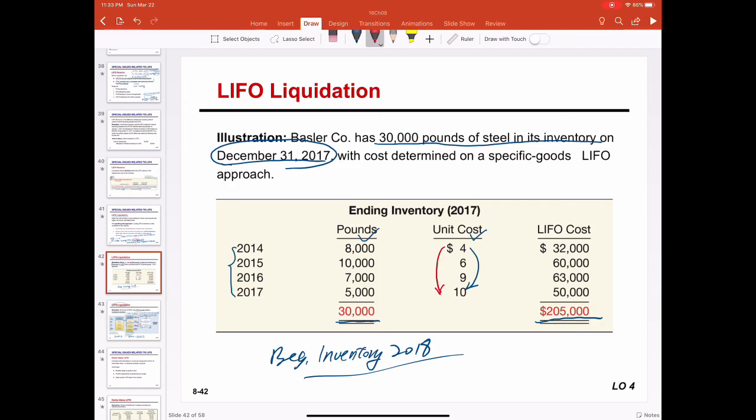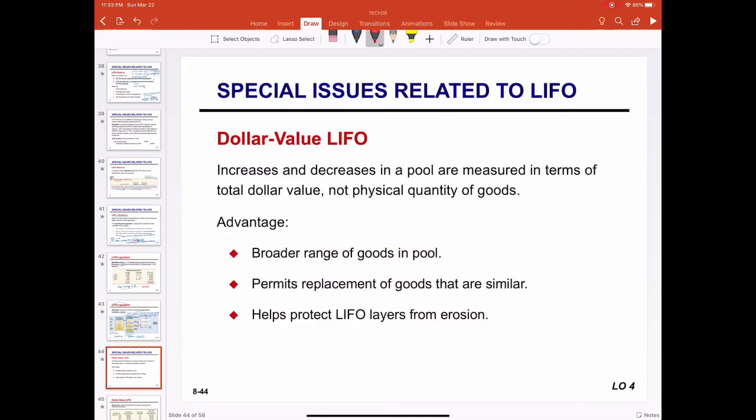In general, the price increase is caused by inflation. So actually, we can use the dollar value of LIFO to remove the effect of the inflation. We can mitigate the effect of LIFO liquidation. This part is optional. If you have interest, you can go over the rest of this part.